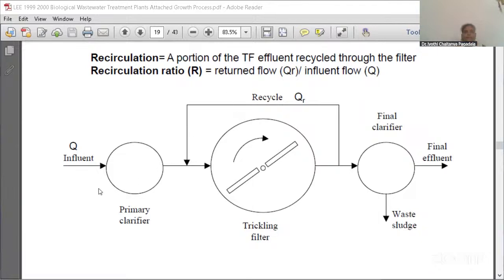Here you can see this is Q, the influent flow, the primary clarifier that removes the sediments, and the returned flow. Here the returned flow is for recycling. This is the trickling filter, and here the waste sludge is collected, and the final effluent is treated with a final treatment.